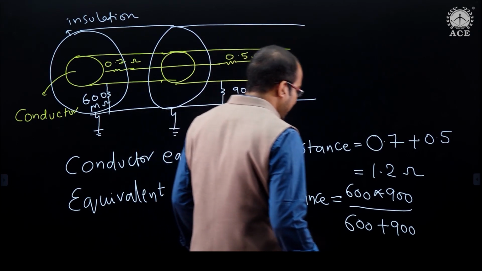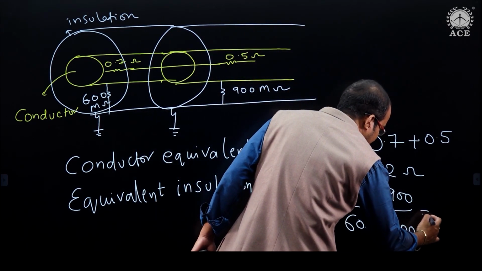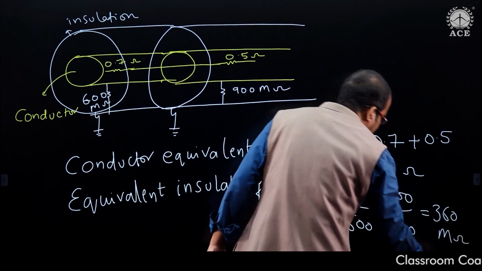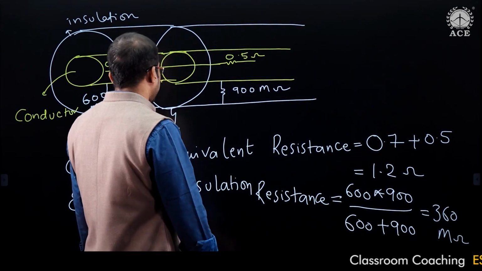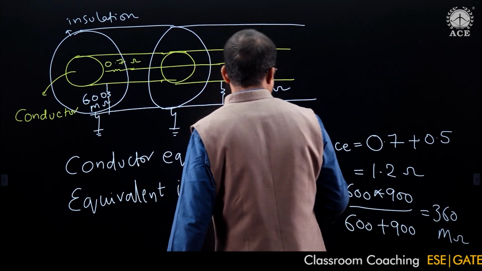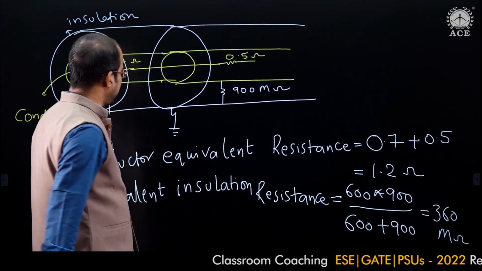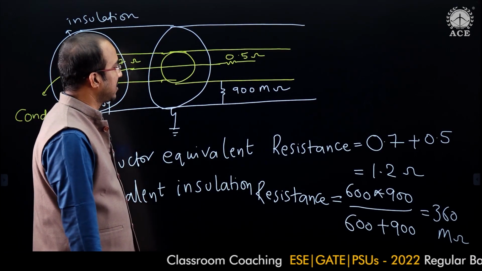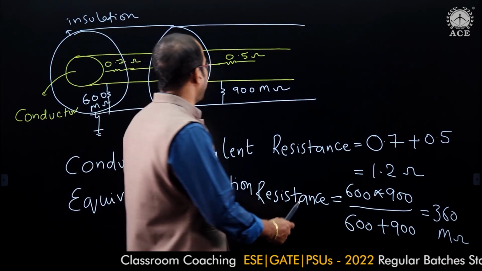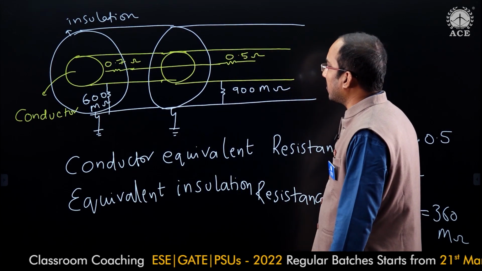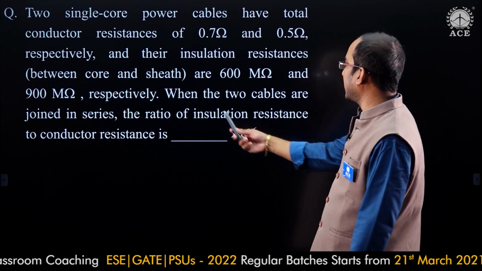If you simplify this, you will get 360 mega ohm. So, the equivalent conductor resistance is 1.2 ohm and the equivalent insulation resistance is 360 mega ohm when they are connected in series. Now, let us observe what is being asked to calculate.